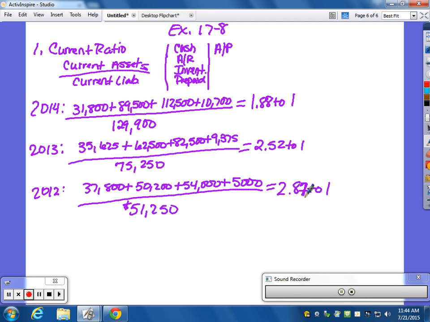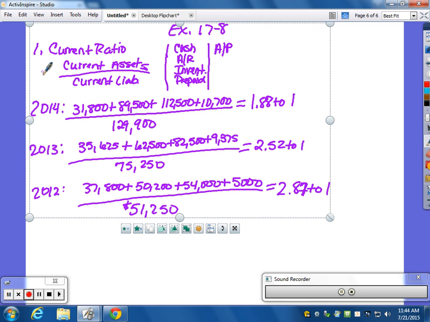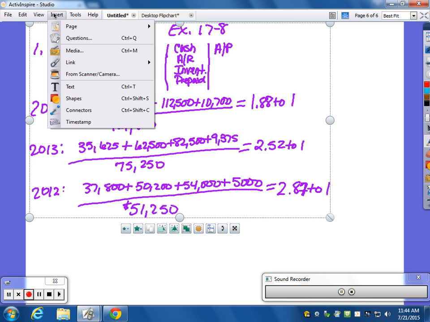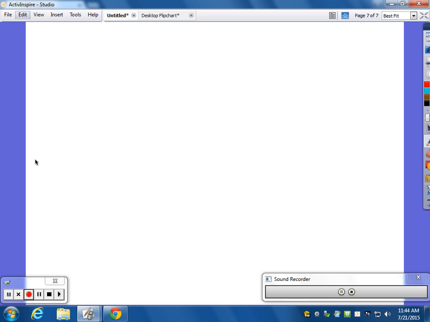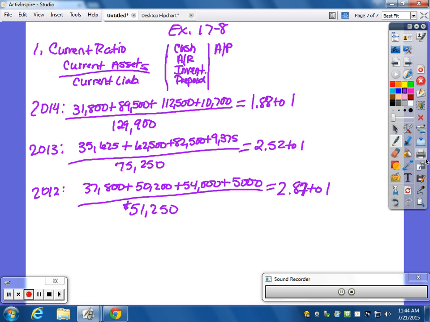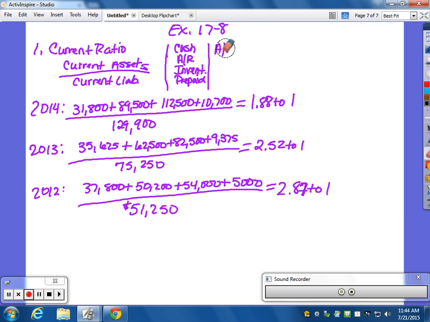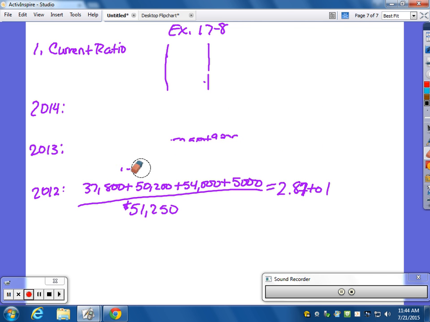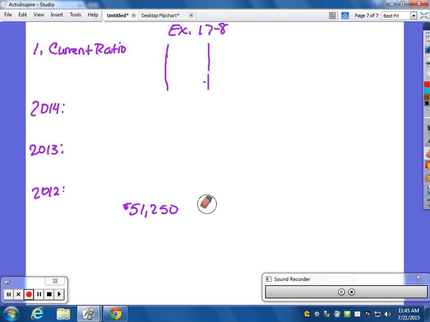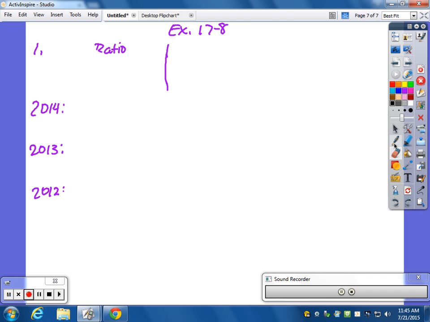All right. Next, they want us to do the asset test ratio. What is the asset test ratio?